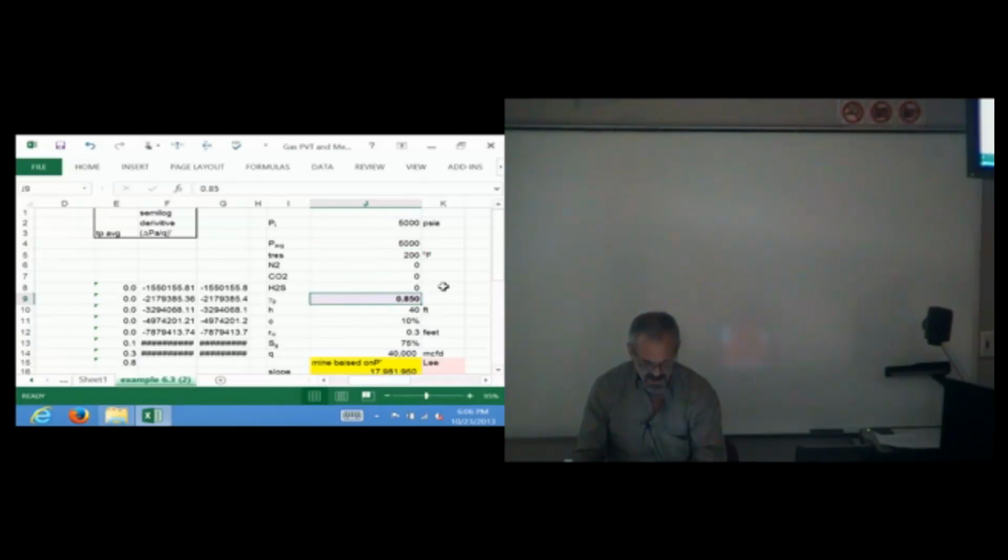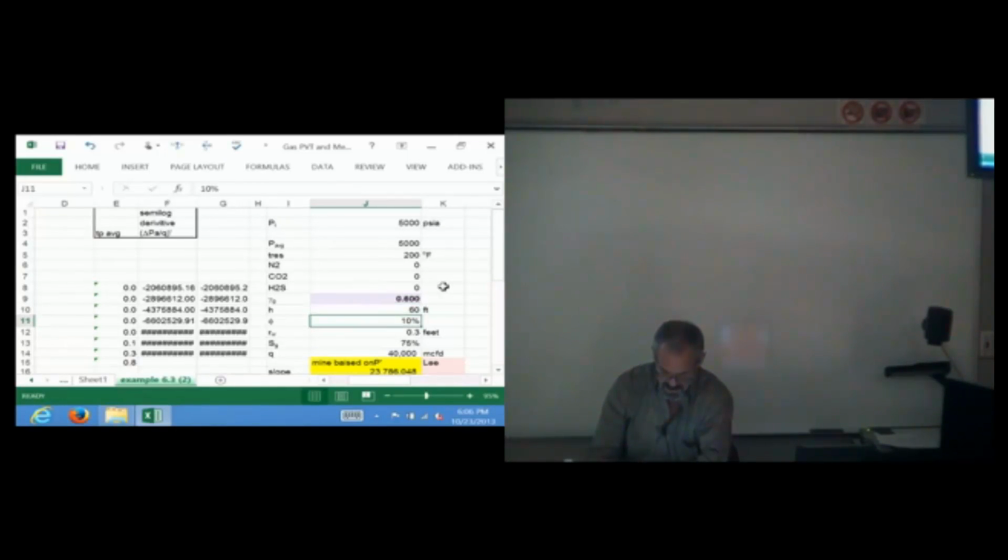Gas gravity. That's boring. How many feet of pay? 60. Porosity? 10%. RW? 25 feet. You know, for some strange reason, I'm using a gas saturation of 100%.